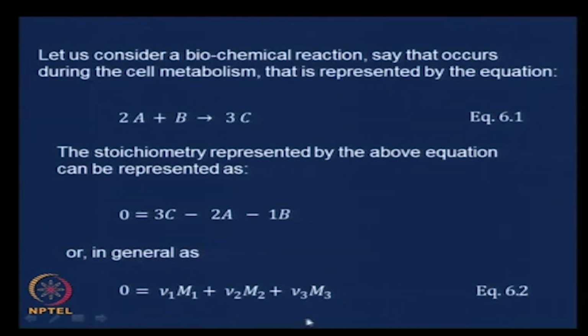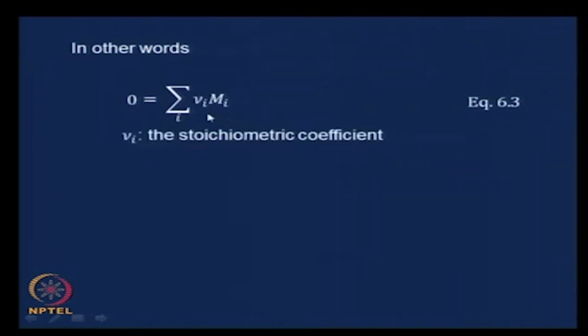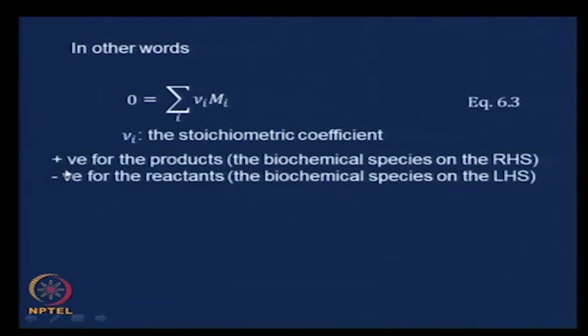I wrote it in this form for a reason. I can now make this into a compact notation: 0 equals the sum over i of nu i mi. This is why I had written it that way. This is equation 6(3), where nu i is the stoichiometric coefficient, which we will take as positive for the products of the reaction, the biochemical species on the right hand side of the equation.